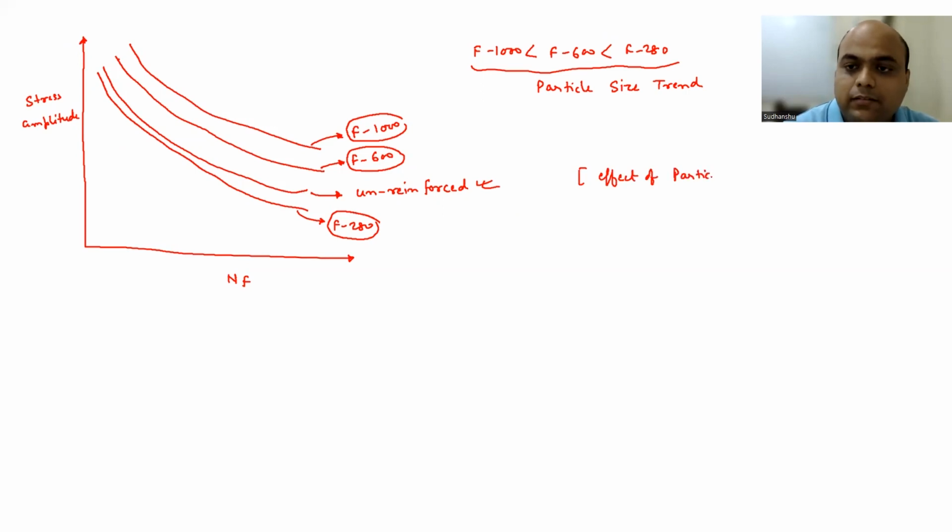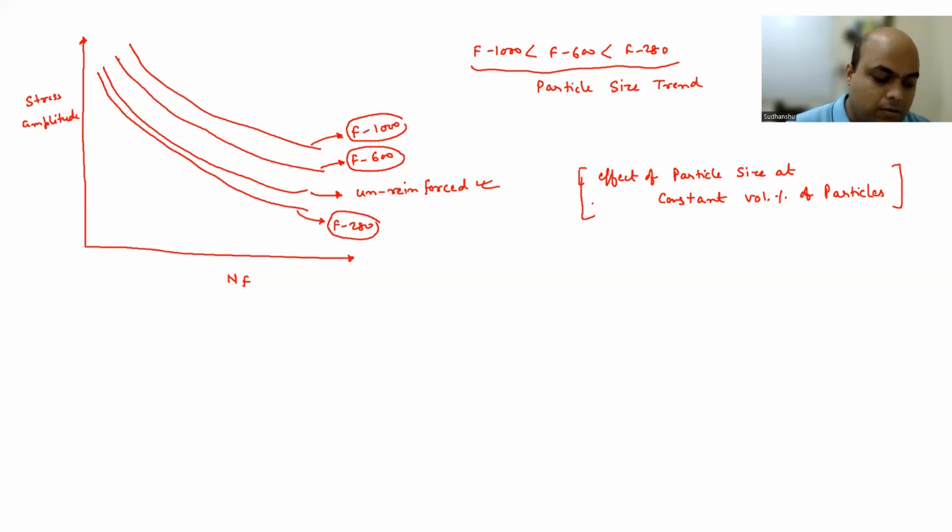Okay. So this is the effect of particle size at constant volume fraction of particles. Again, remember this trend is for the extruded one and it can vary depending upon the processing condition.